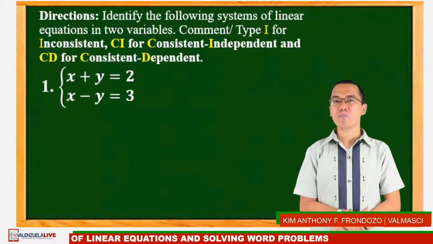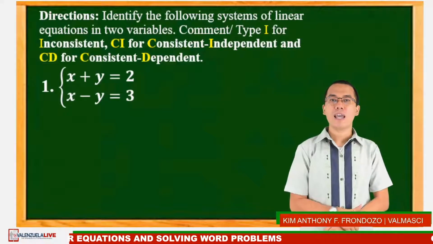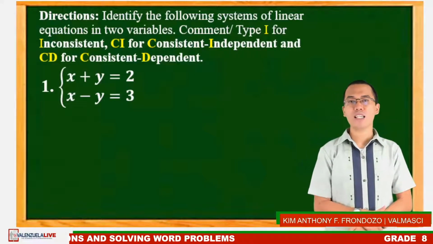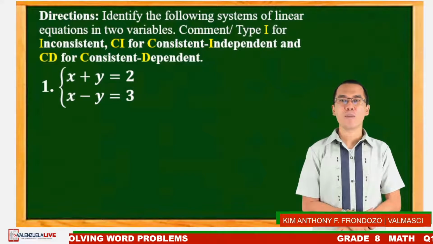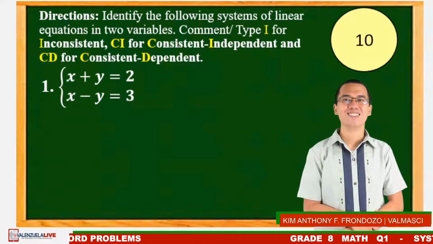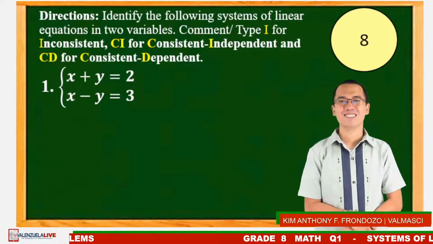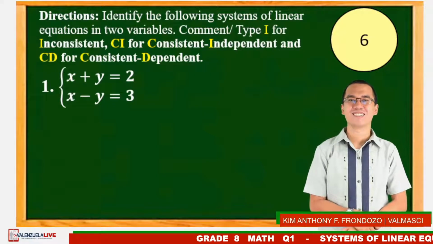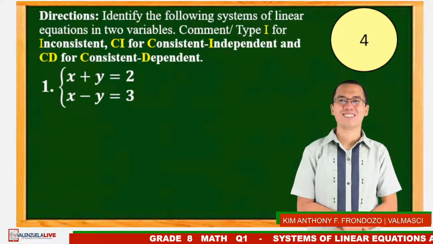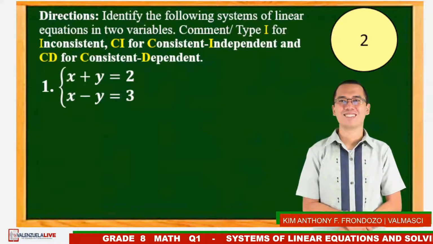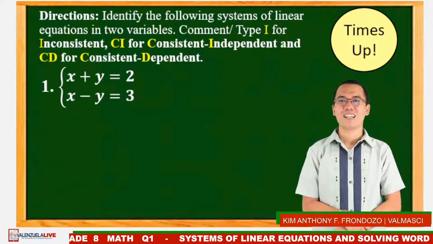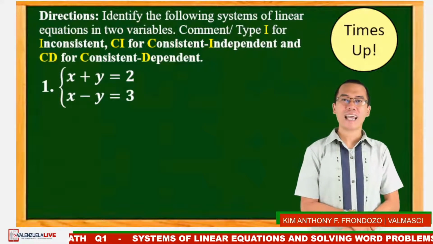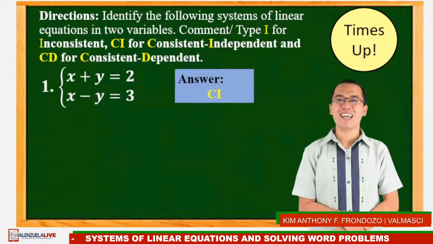We have x plus y is equal to 2 and x minus y is equal to 3. So timer starts now. Time's up. So the correct answer is CI.